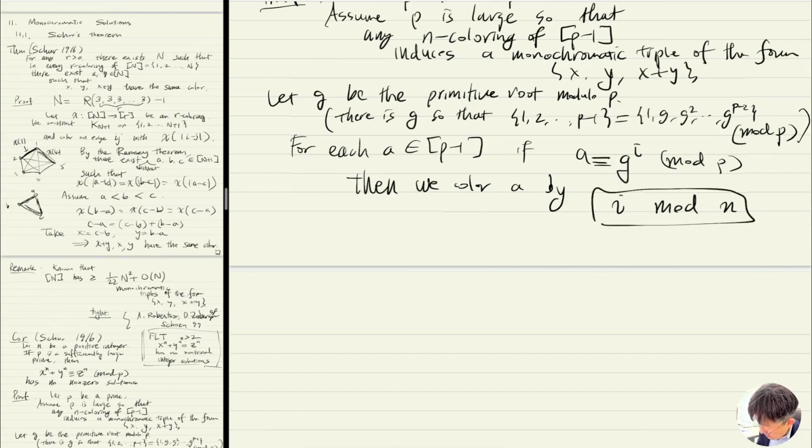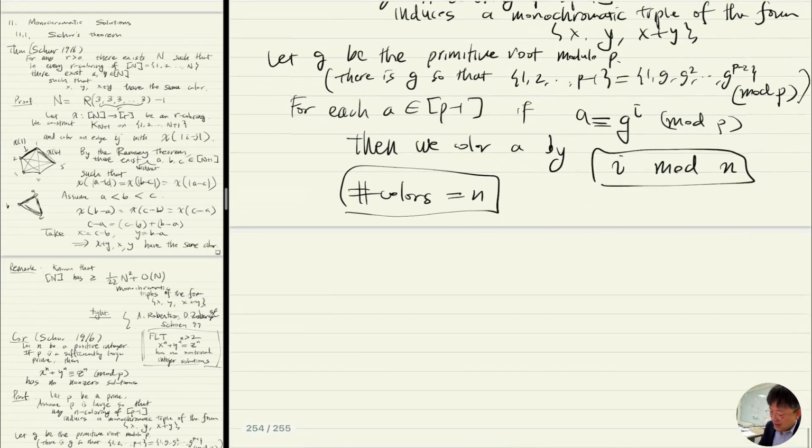So now the number of colors is n. We divide i by n and then take the remainder.